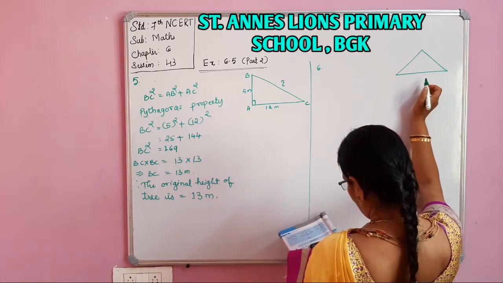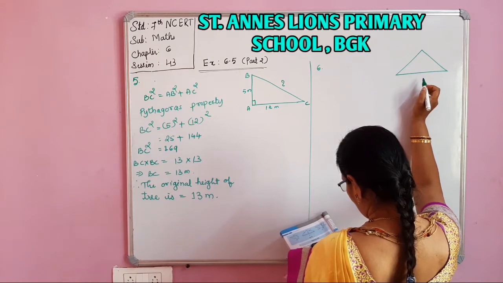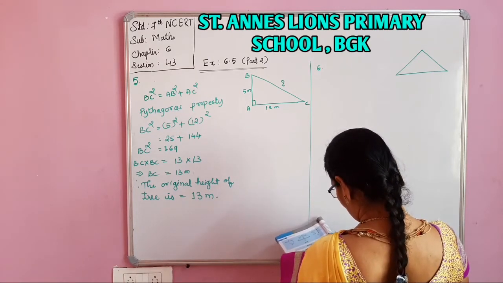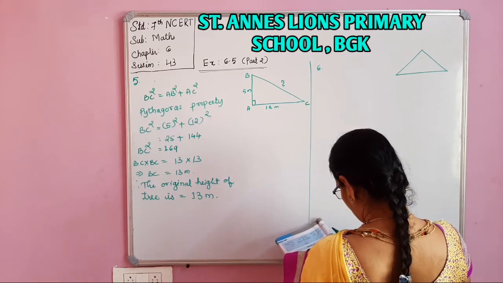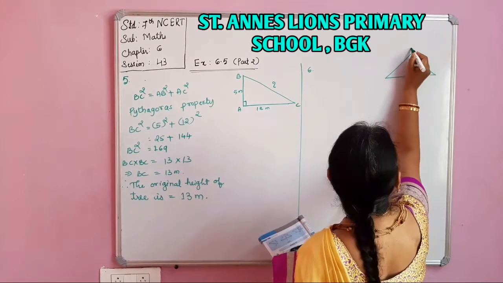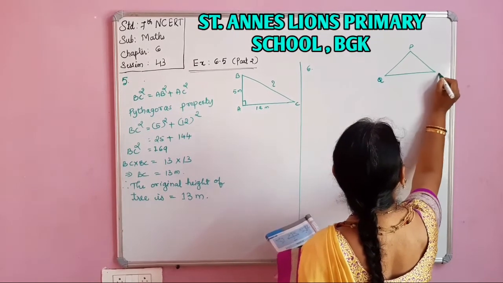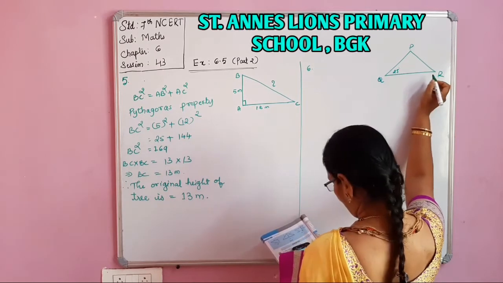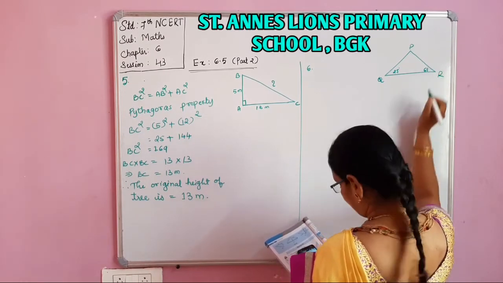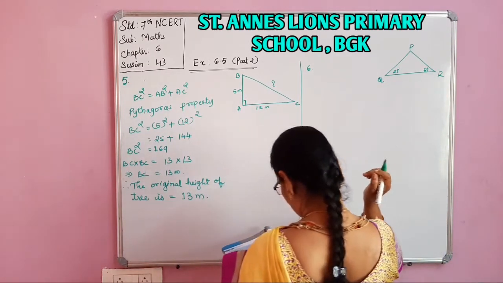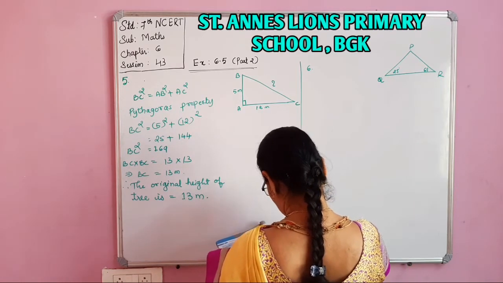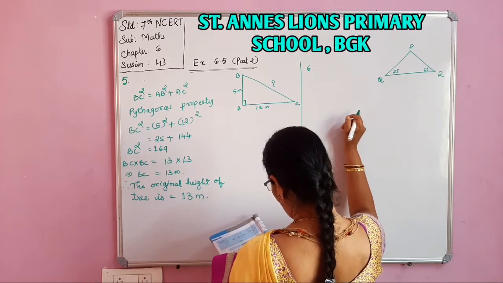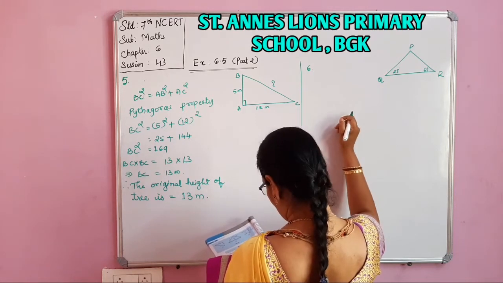P, Q and R. Q is 25 degree and R is 65 degree. Now we have to find out the angle P.